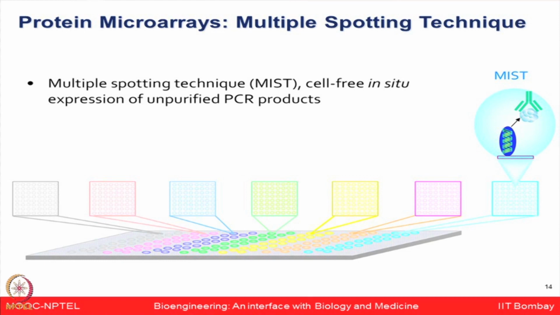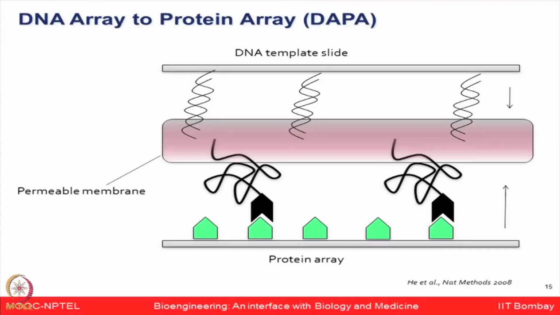Another promising approach in the field of making protein microarrays has been DNA arrays to protein arrays, or DAPA, where you start with the DNA printed on the glass slide, and imagine that your DNA has the histidine tag. Now, once you add the in vitro transcription translation to make the protein on the chip, you can add one permeable membrane.